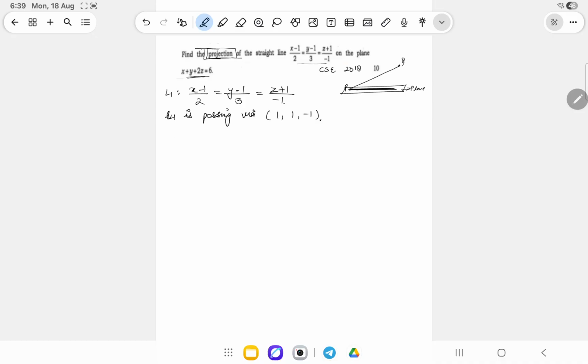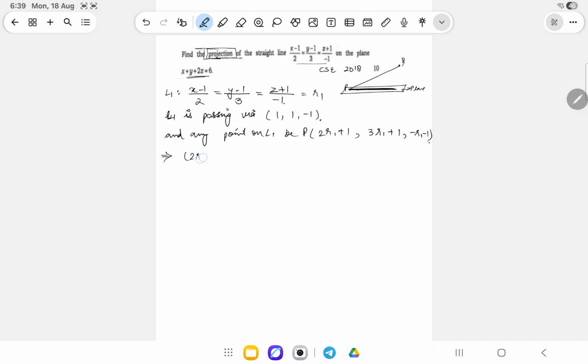Any arbitrary point on L1 will be of the form, let us equate it with r1, 2r1 plus 1, 3r1 plus 1, minus r1 minus 1. If this line is intersecting this plane somewhere, this point must satisfy the equation of the plane.